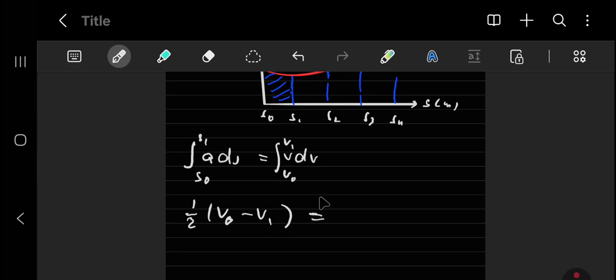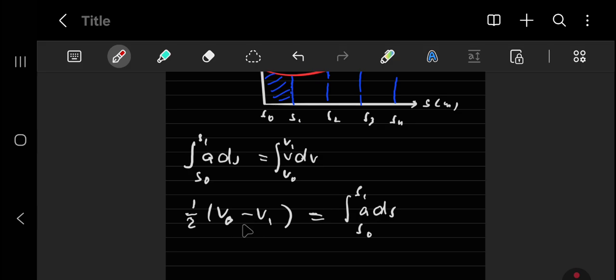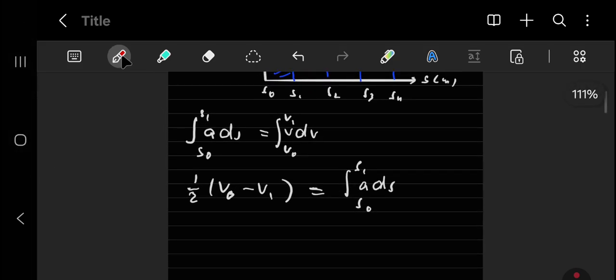It is going to be equal to, for this side, the integral of a, because a is a function of s, so I do not know what it is. I cannot take it outside. I'm just going to leave it as ADS from S0 to S1. This is how you would get your velocity. So you just need to solve for V1.